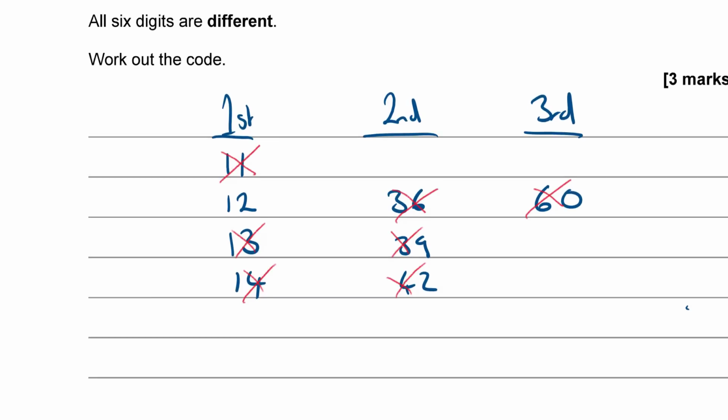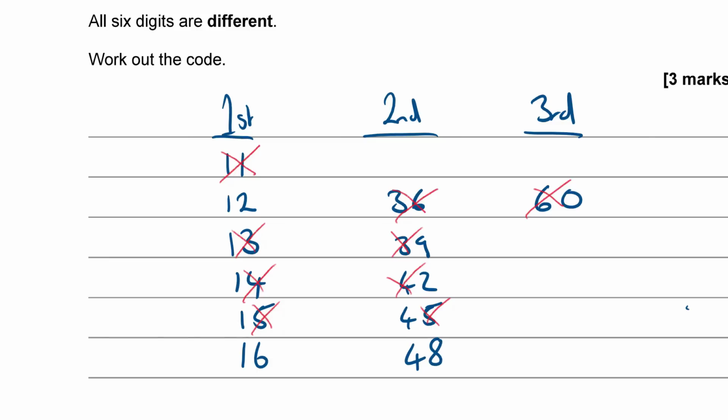Let's try 15, sorry. 15. 15 times 3 is 45. Oh no, not doing very well here. Another bust. 16. Should have started at the other end. 16. 16 times 3 is 48. Oh, we managed to get past the first one this time.